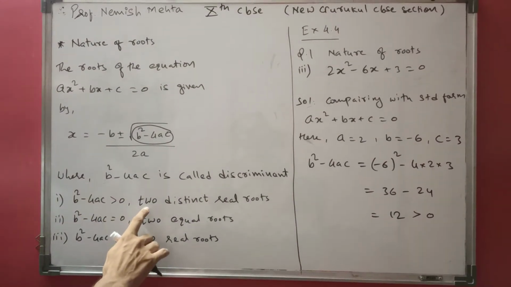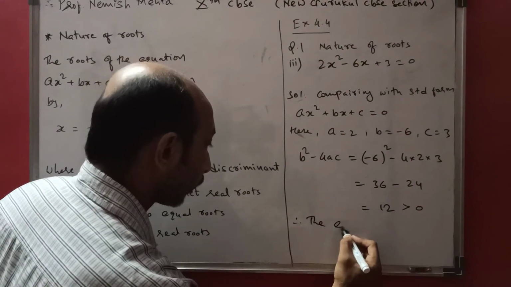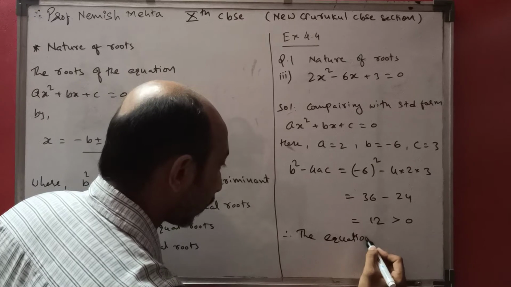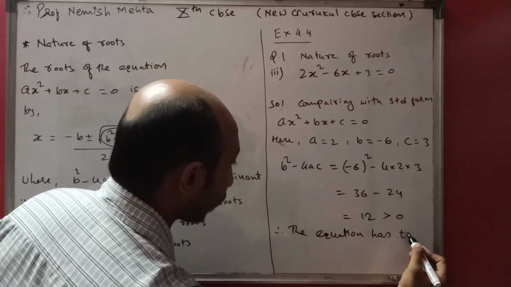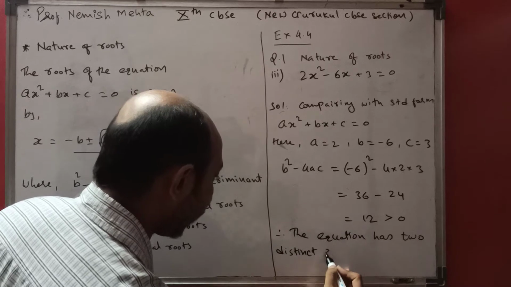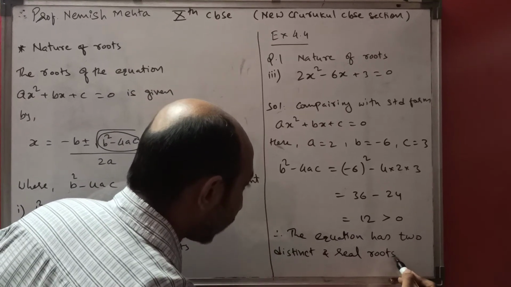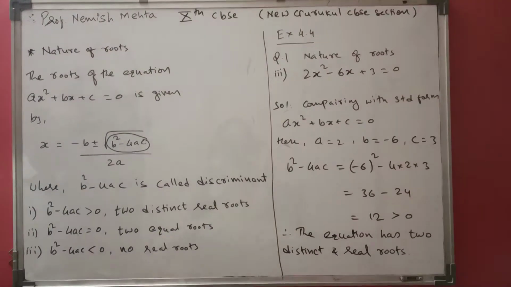That means it has two distinct and real roots. Therefore the equation has two distinct and real roots. Clear?